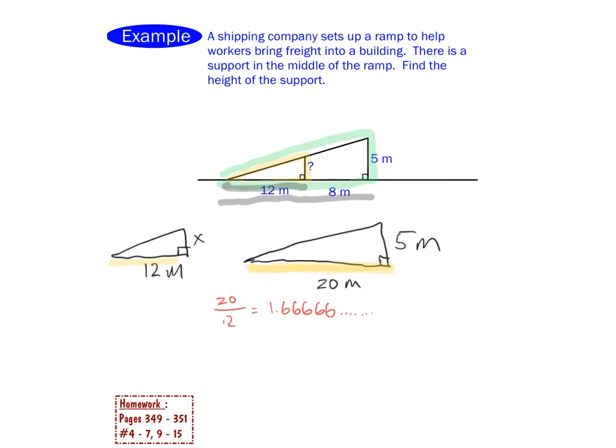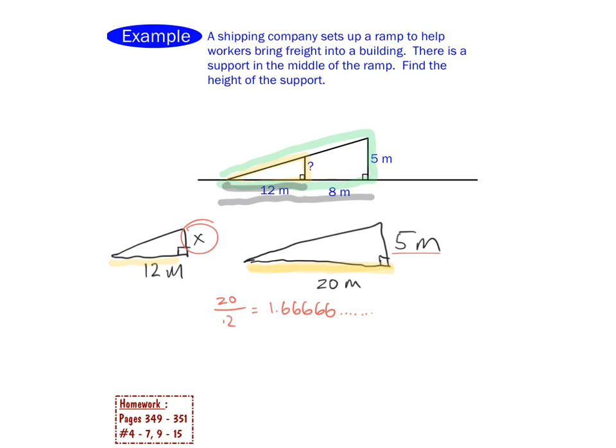Because what we know is this, the height of the support, is going to be less than the overall height. So it doesn't make sense to multiply it by 5. We know it's going to be smaller. So we have to keep that in mind. If we multiply that 1.666666666 by 5, we're going to get a bigger number than 5, and that doesn't make sense. Instead, what we're going to do is we're going to divide 5 by that.